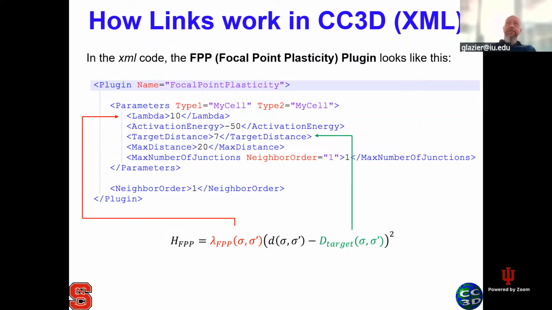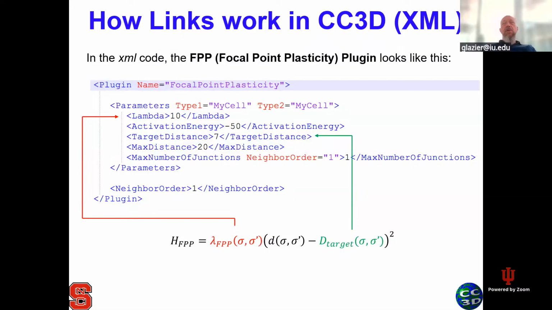Right. But I don't know what that second neighbor order calculation does. Let me check in the manual. I guess that means like moving one specific direction, allow you to have like two cells.